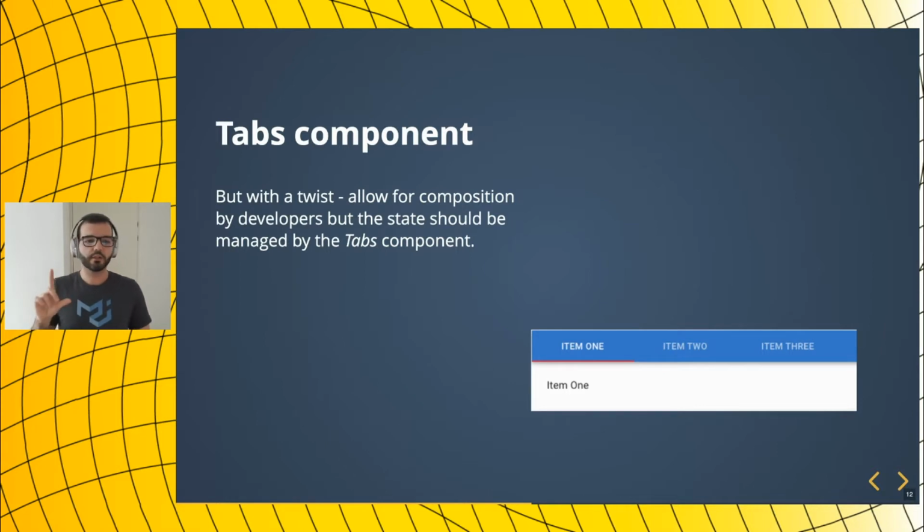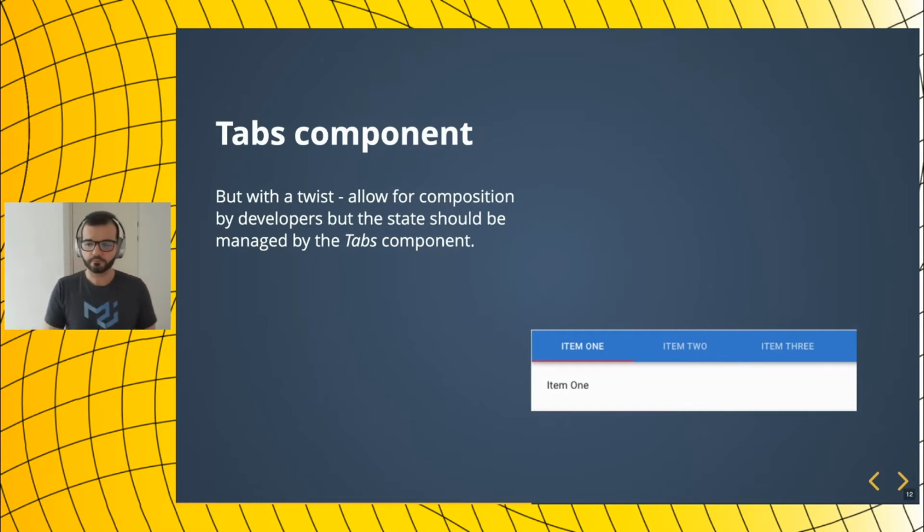But what we want here is to also add a twist. What we want is to allow developers to be able to compose their own tabs component using our own, meaning that we want our tabs component to manage the state and maybe expose some public API, and then allow developers to freely compose their own DOM structure, HTML structure, to make the tabs fit their use case.